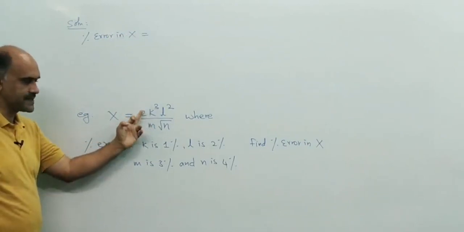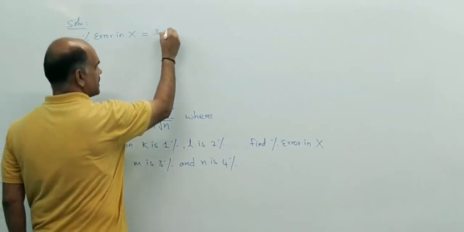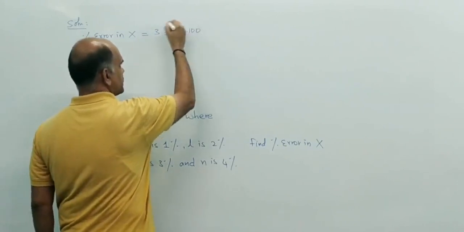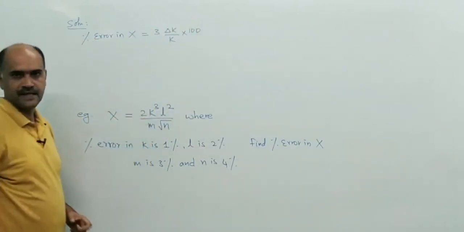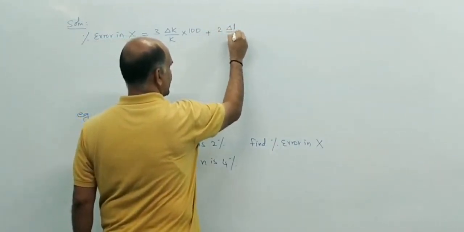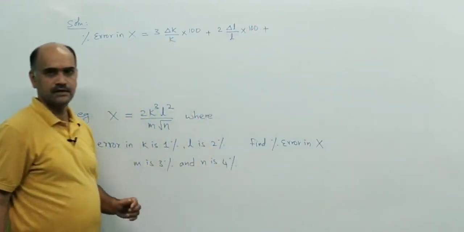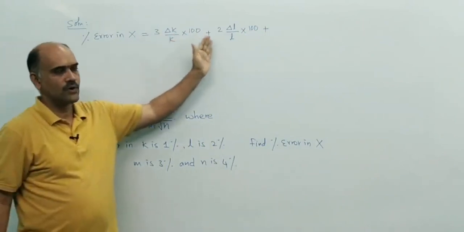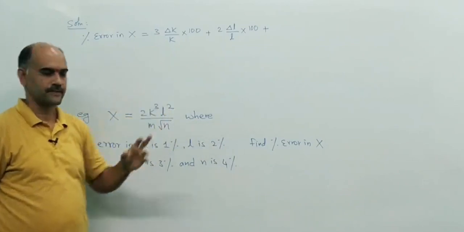So K cube is there, this 3 will come to the front, 3 delta K by K into 100. This is percentage error in K. Similarly, for L, you will have 2 delta L by L into 100 plus. Whether the quantity is in the numerator or denominator, all errors we add. There will be no minus over here.